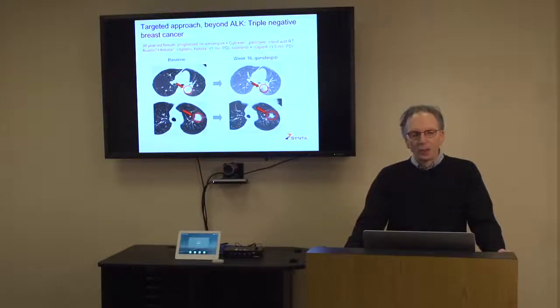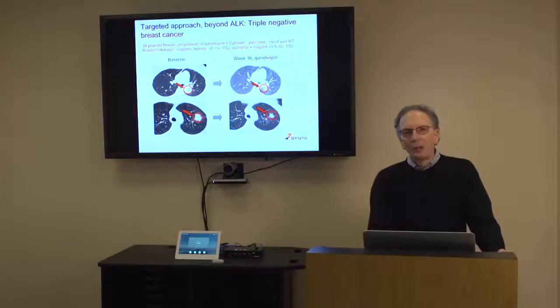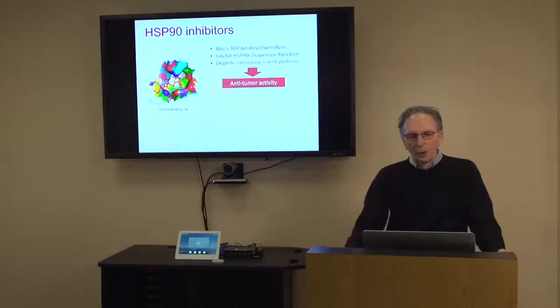And here again, single-agent treatment of a patient with ganetespib who had stopped responding and progressed on various forms of chemotherapy shows clear responses. So these data would suggest that HSP90 inhibition is in fact able to compromise the fitness of cancer cells and should show reproducible and robust clinical activity.